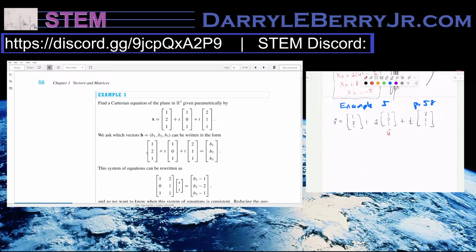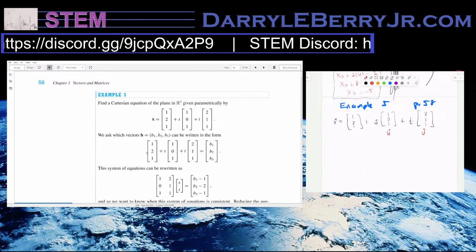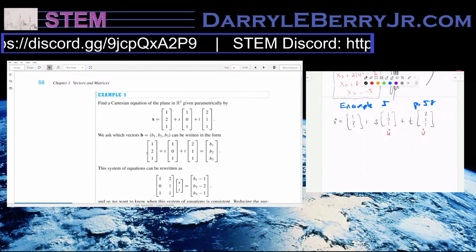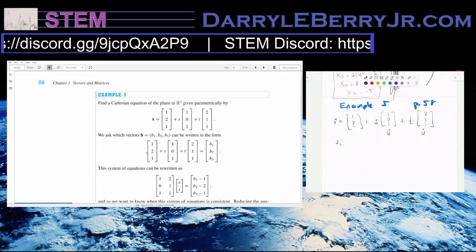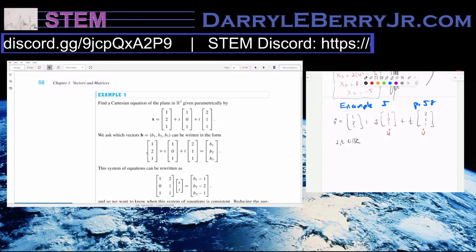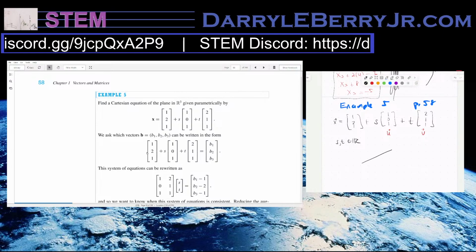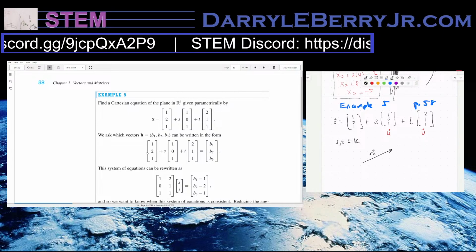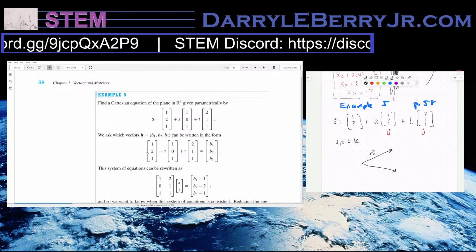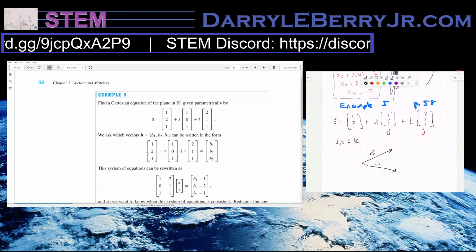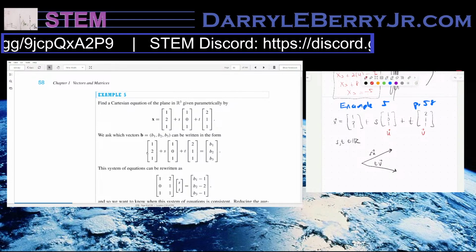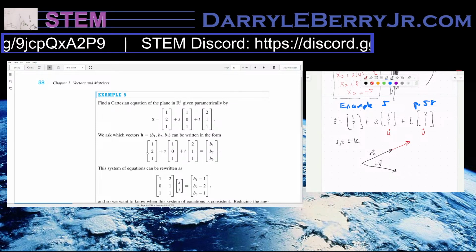I know that this is the parametric version of it because I have two vectors. I like to call my vectors U and V. And I have my vectors being scaled by T and S. So we know T and S are going to be real numbers, which means that I have a vector SU added to the vector TV, and the scaling of this vector by S is going to stretch the vector.